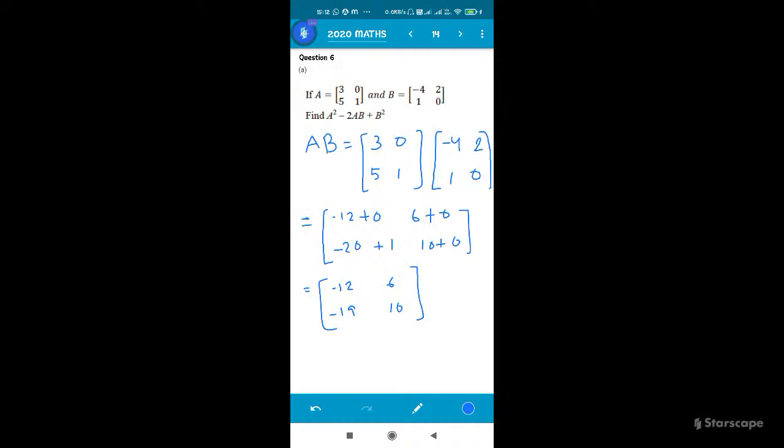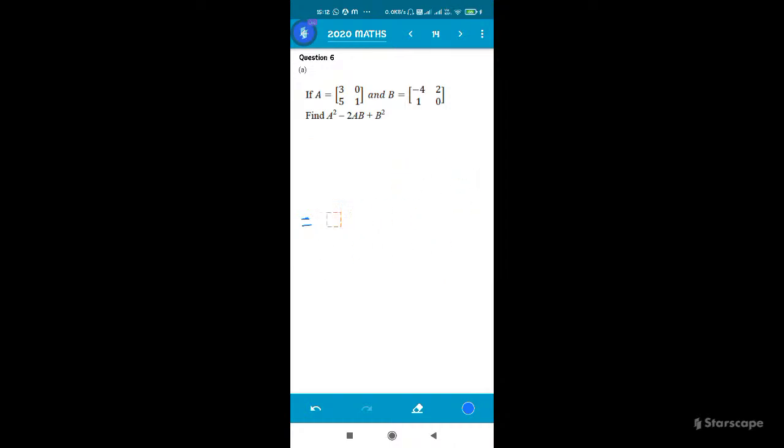So we have found out A square and AB. Let us also find B square now. So [-4 2; 1 0] multiplied with [-4 2; 1 0].